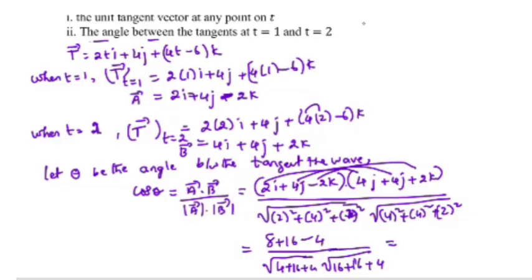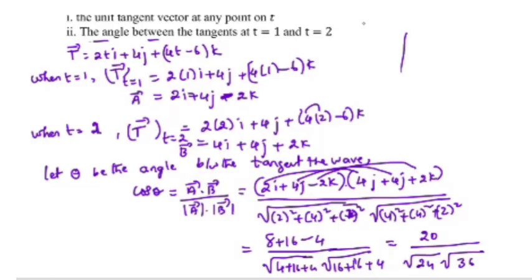That will be 8 plus 16 minus 4, which is 20, divided by root of 24, and root of 36.